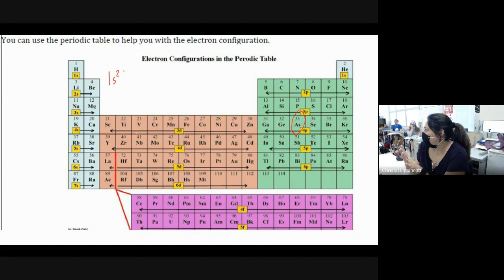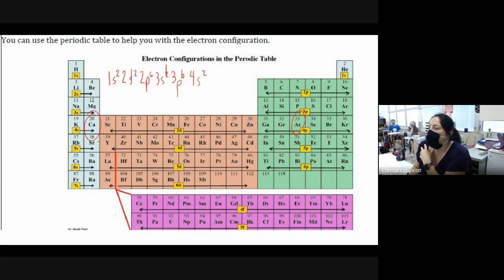I'm going to do a little bit of explanation with it. 1s2, 2s2, 2p6, 3s2, 3p6, 4s2. That is my calcium here, right? Okay. Now remember what a 2+ charge is. What have we done to get a 2+ charge?